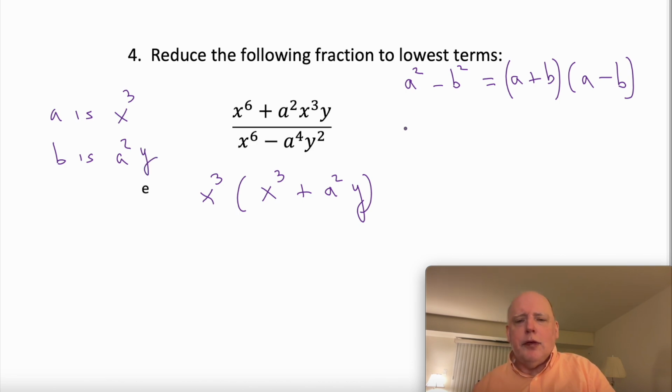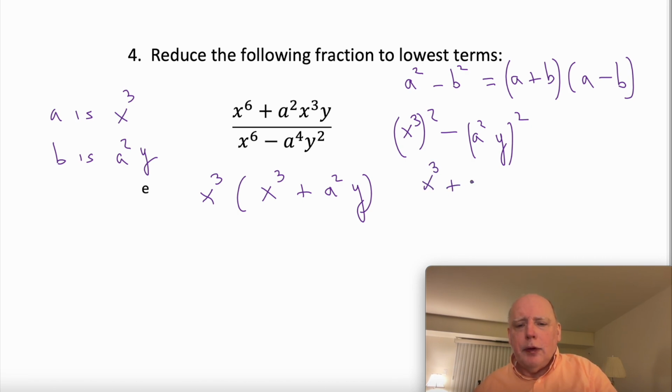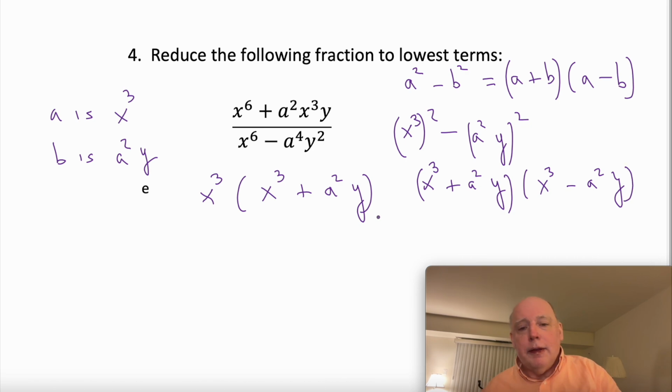So we can write x to the 6 as x to the third squared, and we can write a to the 4th y squared as a squared y squared. So this is going to be x cubed plus a squared y times x cubed minus a squared y. And that's what we'll put in the denominator.